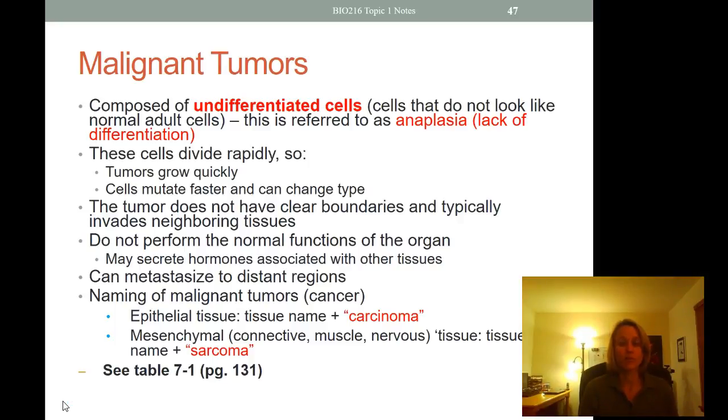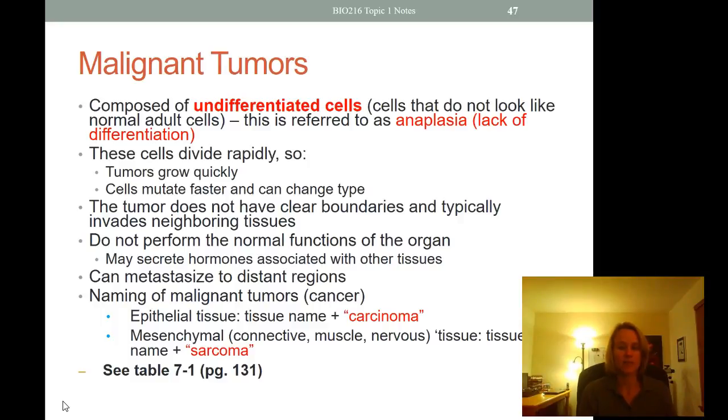It does not perform the functions of the organ. However, sometimes some tumors can secrete hormones associated with other tissues. For instance, some lung tumors might secrete a hormone associated with another tissue. Malignant tumors can metastasize or spread in the lymph and blood to distant organs.